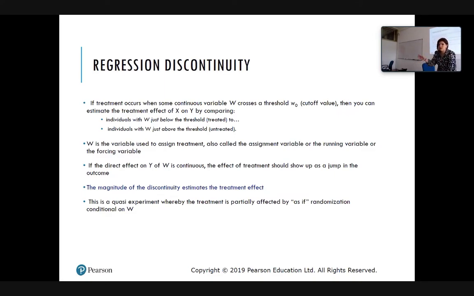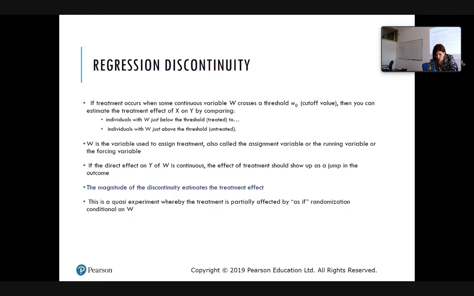I want to assess the effect of this treatment, attending the summer school, on an outcome variable, which in this case is the grades of students, the GPA of some students. And I assume that I assign the treatment, so the ones who are actually attending the summer school are those who have performed particularly well at some other test.